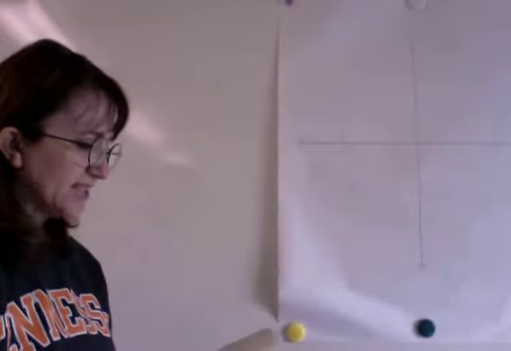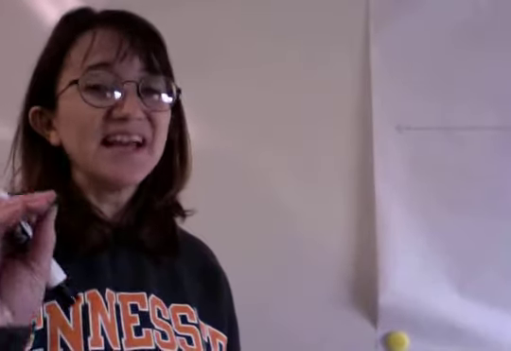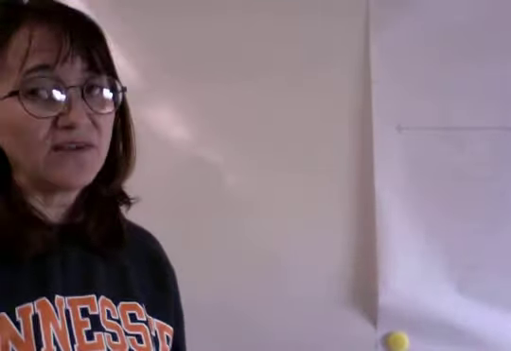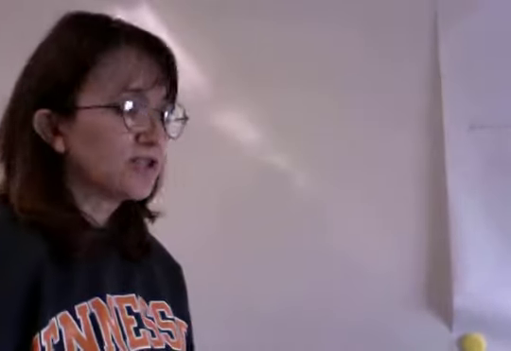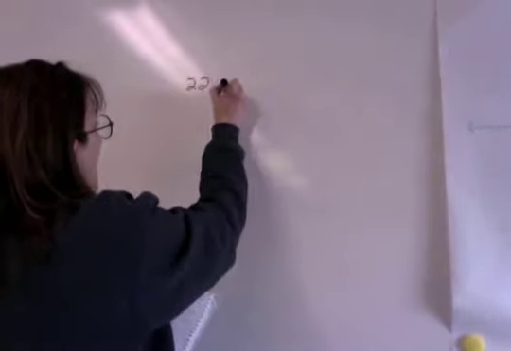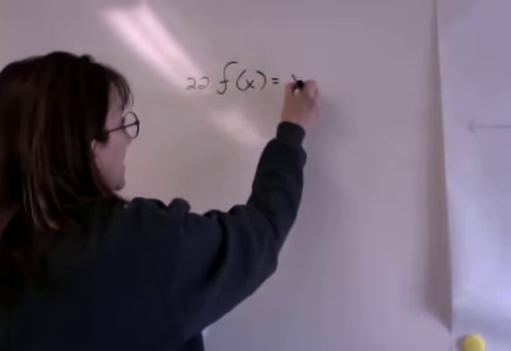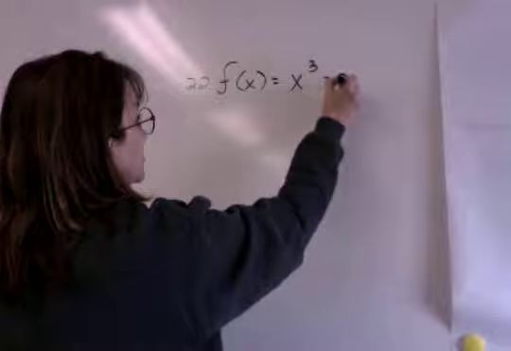I'm doing 22 because you have a weird S with a point of inflection that you have to graph on your quiz. So 22, I have f of x equaling x cubed minus 2.